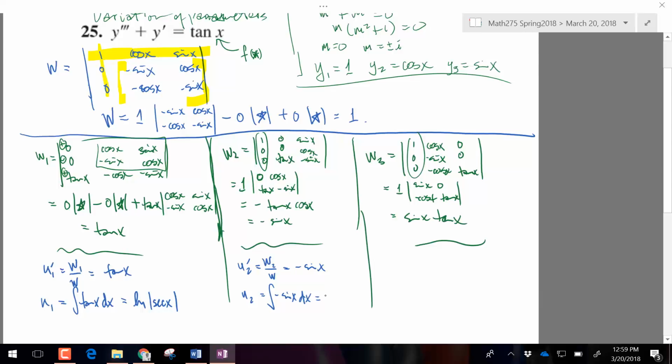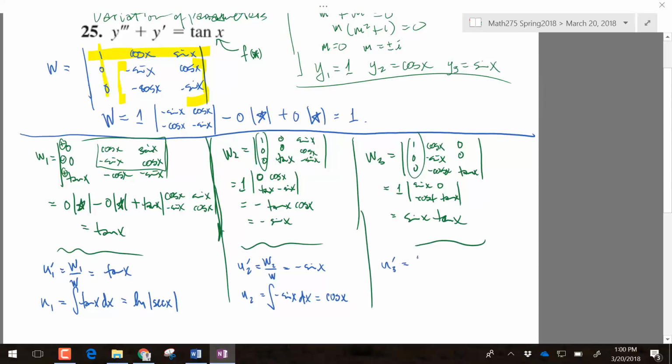So what's U2? I think that's a cosine. And it looks like we need to integrate. Didn't we run into this before?